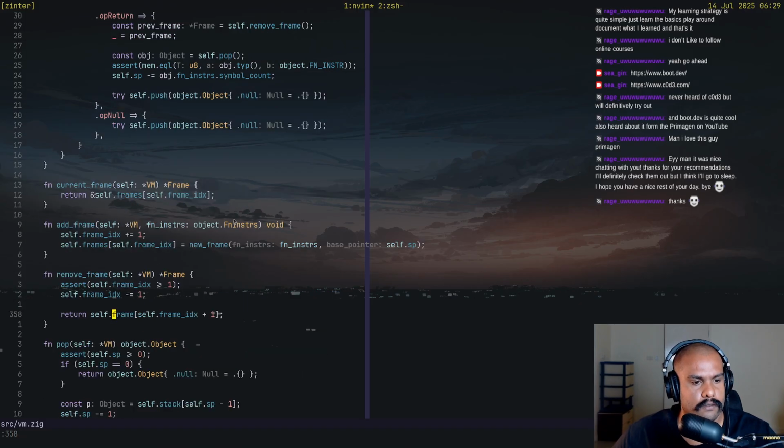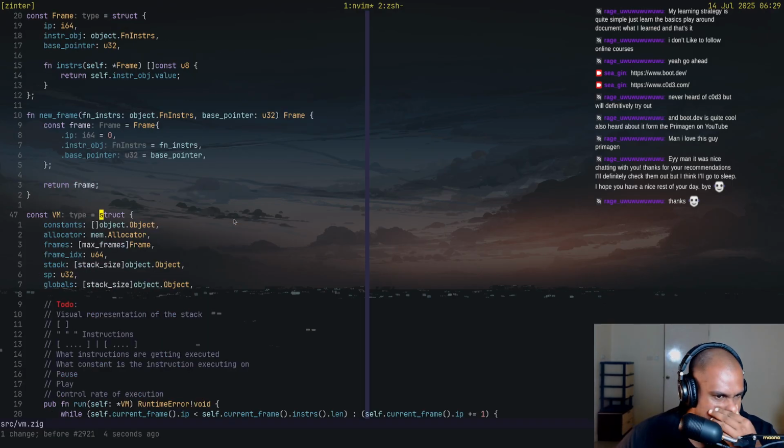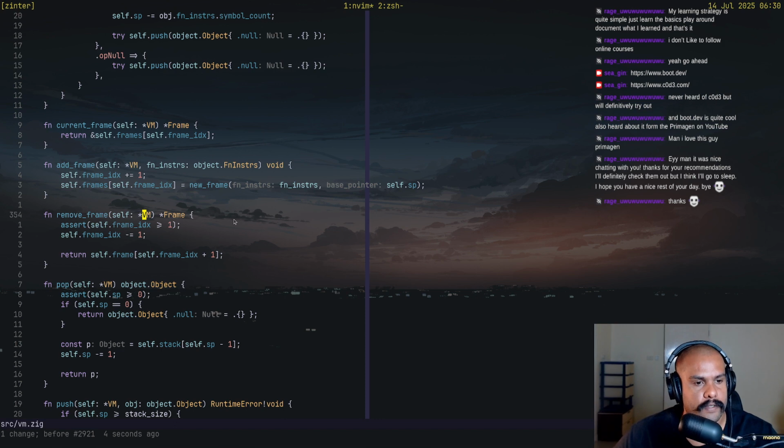350. Self dot current frame. Self frames.